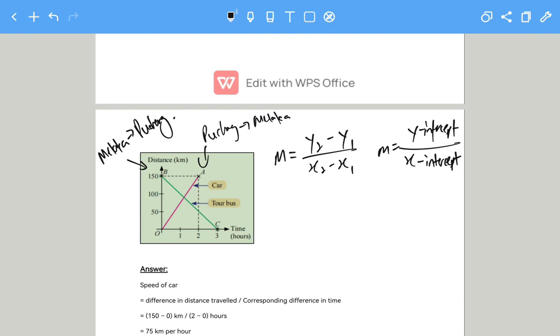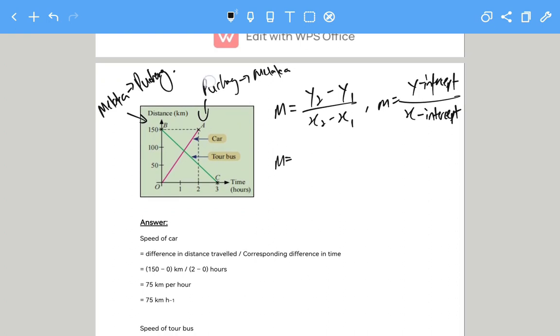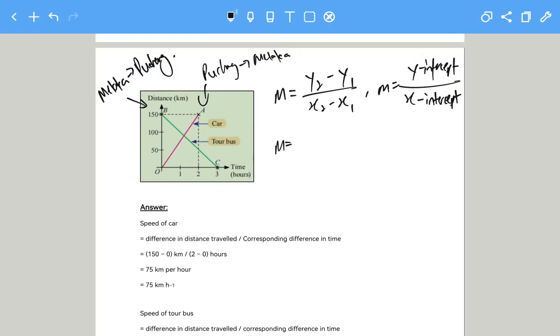So let us find this OA. We just use both formulas. Both formulas find the same thing, it's just different formulas. So in OA, first here is 0, 0.